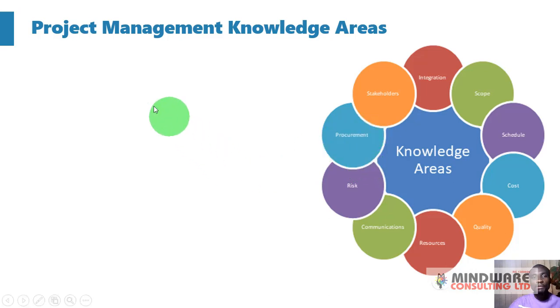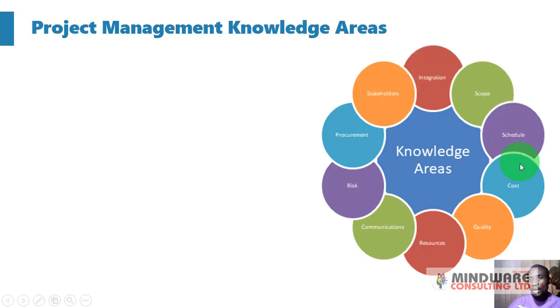Now let's talk about the project management knowledge areas. Remember in the diagram we saw the process groups feeding into the knowledge areas. We have integration management, scope, schedule, cost, quality, resources, communication, risk, procurement, and stakeholders.